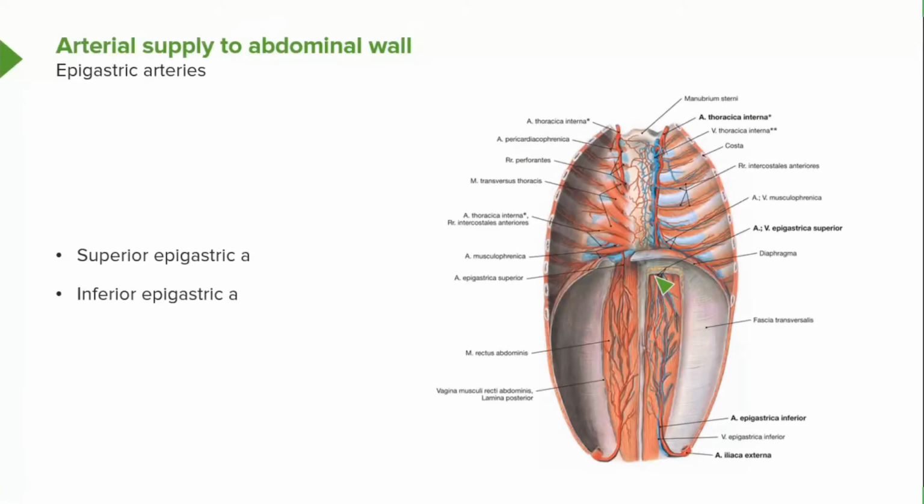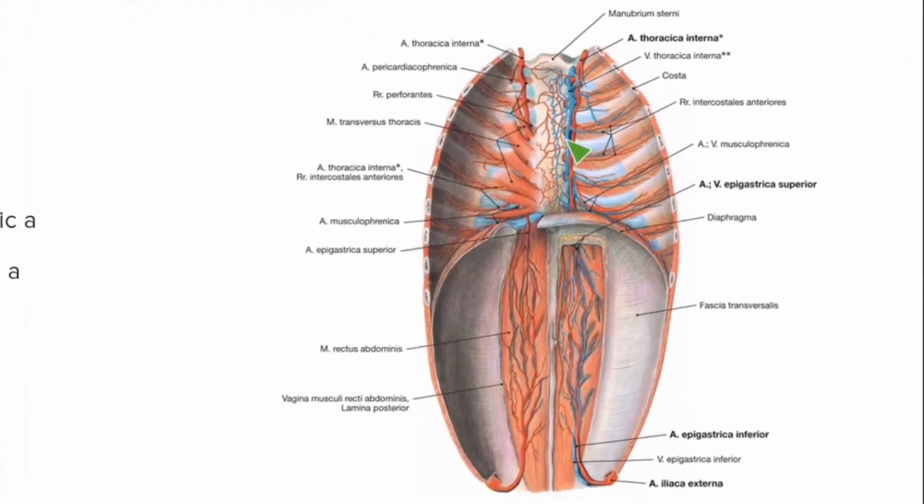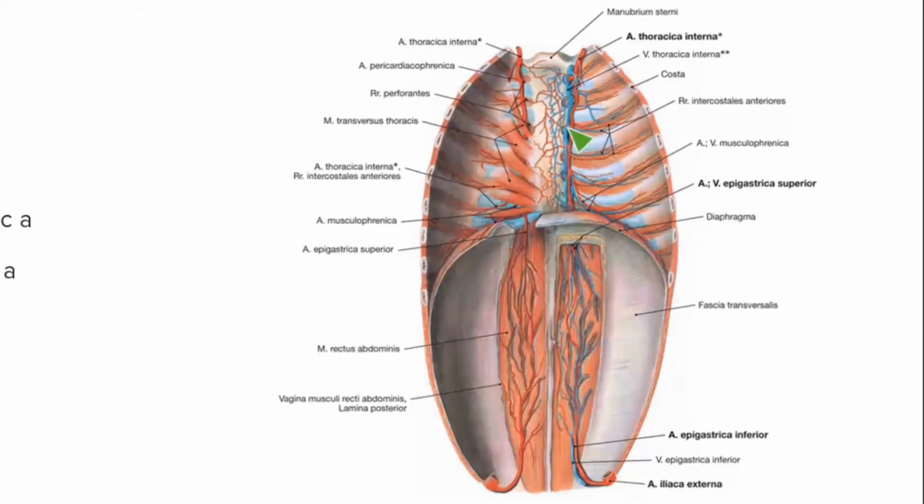This is the superior epigastric artery. It is a branch of a thoracic artery called the internal thoracic that we see here along the lateral margin of the sternum. And then at this point, that internal thoracic branches into a musculophrenic, and then a more medial branch that is directed vertically into the abdominal region to help supply the rectus abdominis.